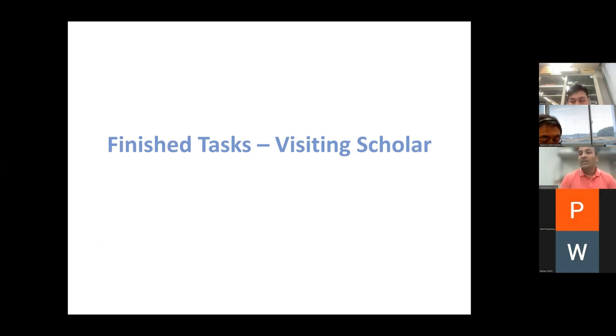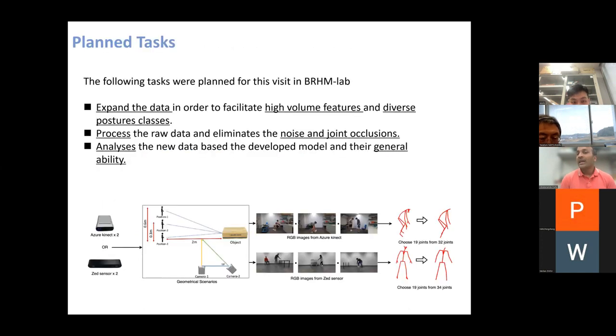To expand this work, there are 3 categories which I wrote in the proposal. First, we want to expand the data, because we cannot confirm a model on just a few activities, like only 20 activities.